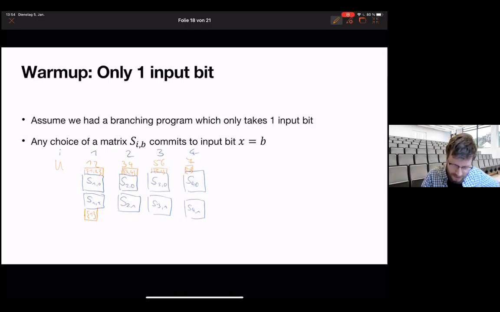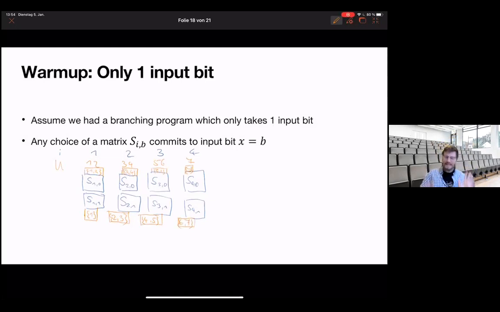What am I gonna do with this guy here? Well, in the end, everything has to match. So I'm gonna use 2, 3 here. Here I'm gonna use 4, 5. And here I'm gonna use 6, 7.